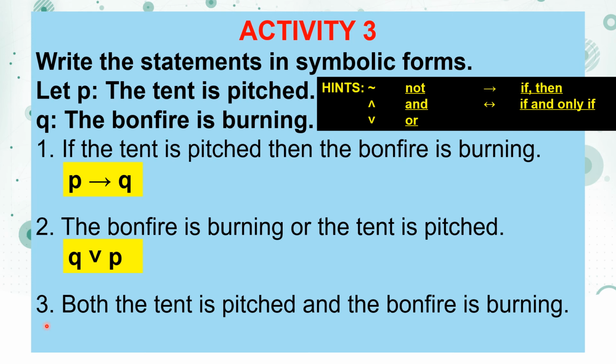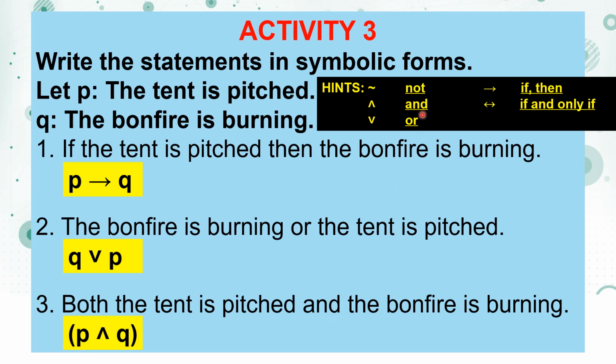And for number 3, both the tent is pitch and the bonfire is burning. So, since we have the word both, we use parentheses. The tent is pitch is our proposition P. So, we write P. Ang keyword natin ay and.